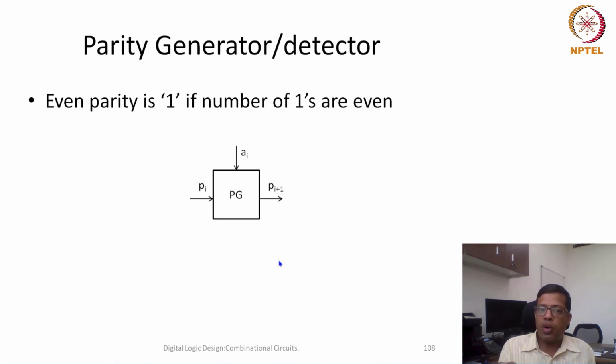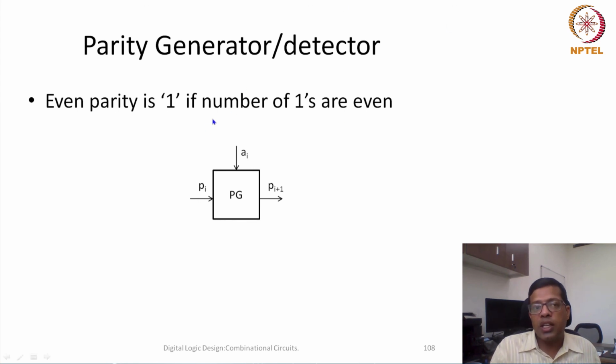It doesn't depend on how many bits are there in the input, whether the input vector is 8 bit long or 16 bit or 32 bit. I just need to replicate this single bit parity generator design at all the places.